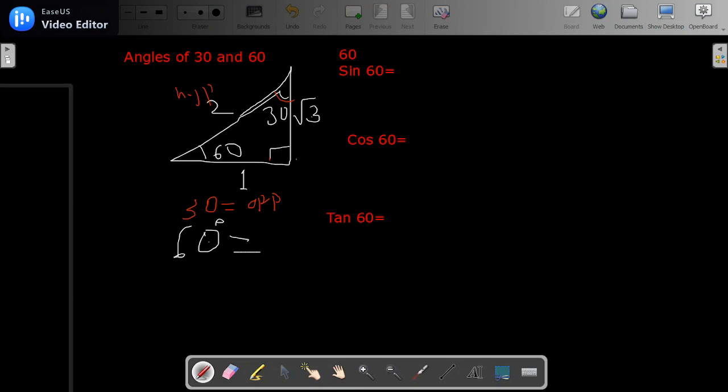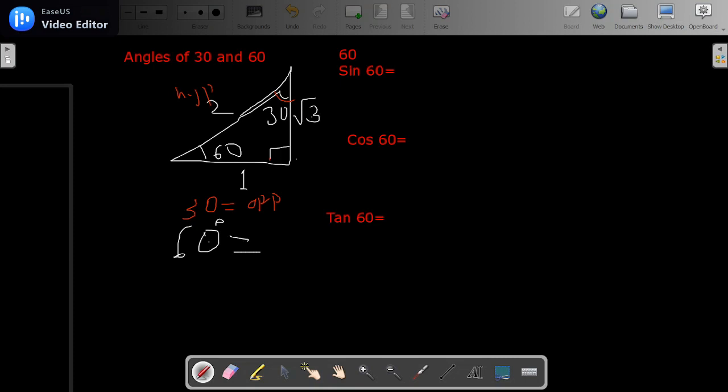Okay, that's it. So now for sine 60, what is it? We have opposite and hypotenuse. So sine is root 3 over hypotenuse, which is root 3 over 2.